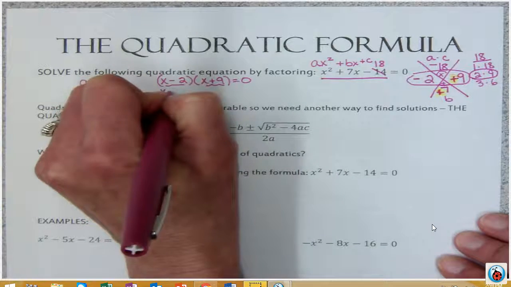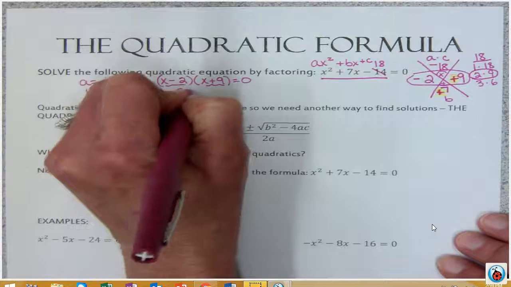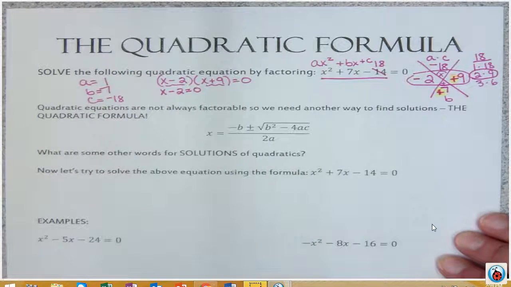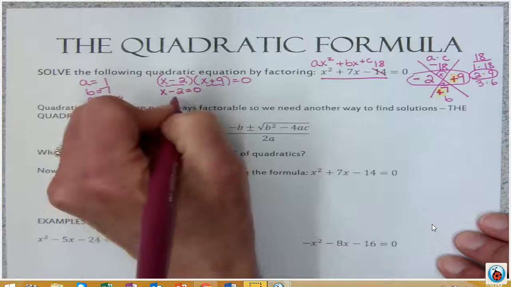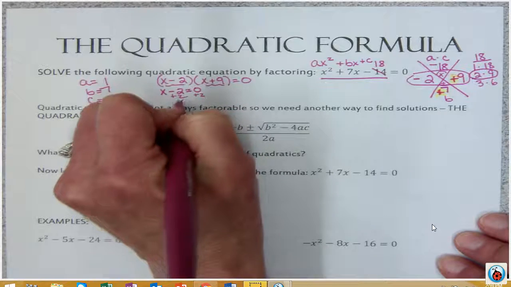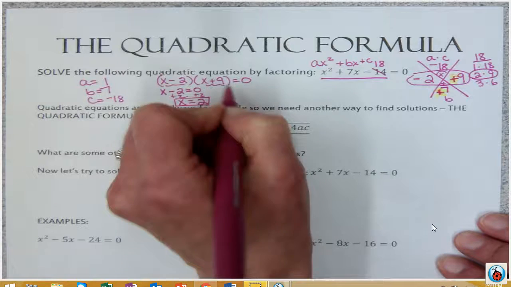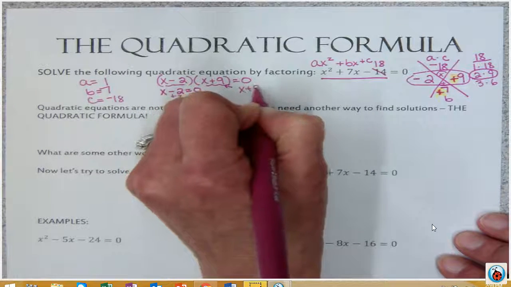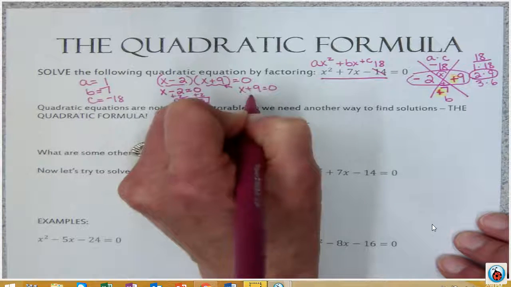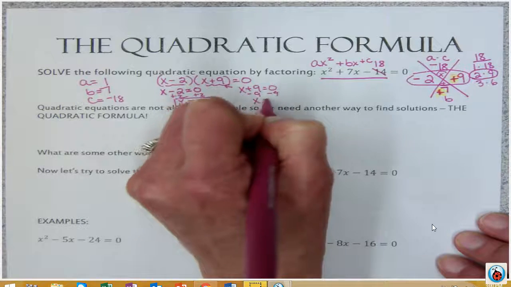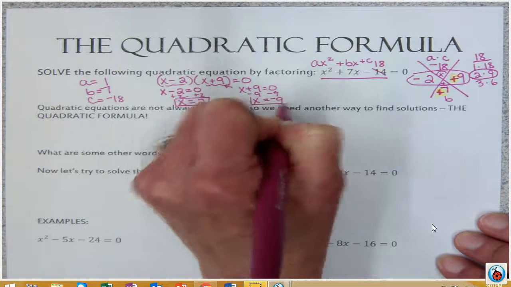So in order for this term to be 0, we would set that equal to 0 and add 2 to both sides and get x by ourselves, so x would equal positive 2. If this one were to equal 0, we have x plus 9 equals 0. Subtract 9 from both sides. X equals negative 9.